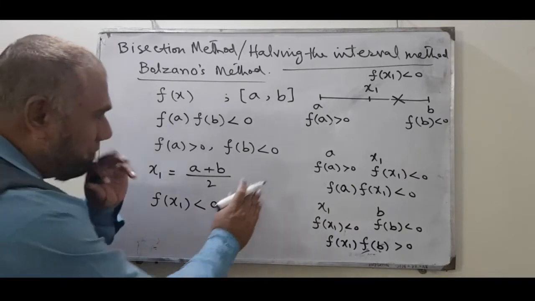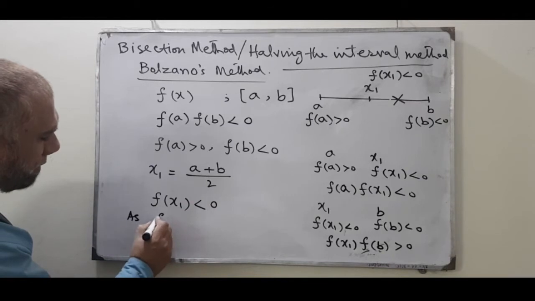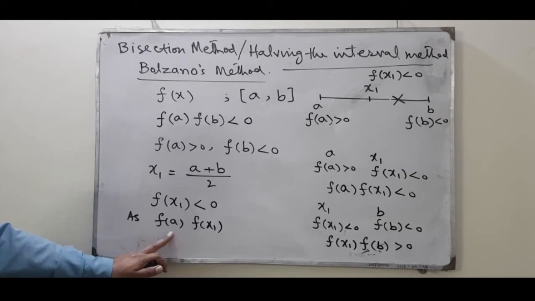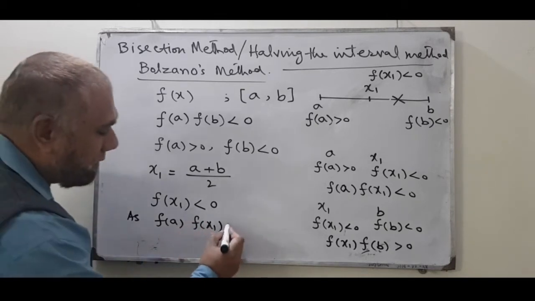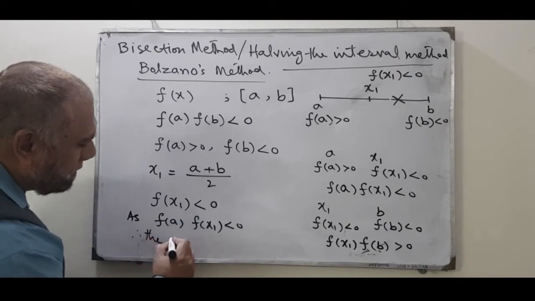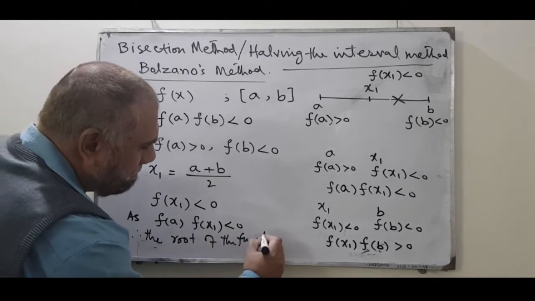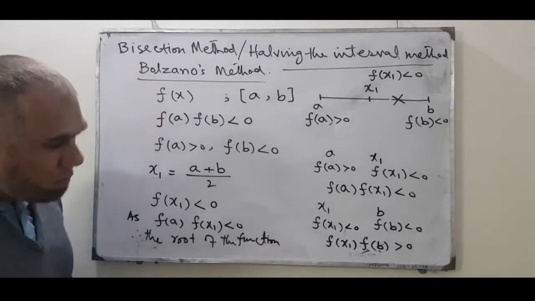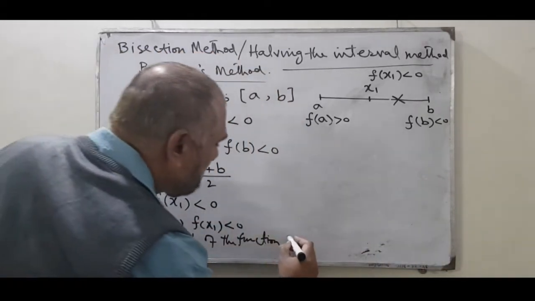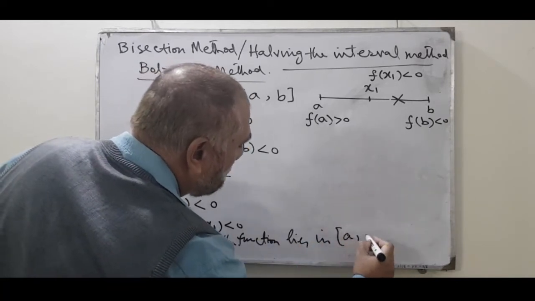And for the completion of the iteration, we write it here as the product of the function's value at a and the function's value at x1 gives you the negative sign. Therefore, the root of the function lies in the new interval, and now the new interval is from a to x1.